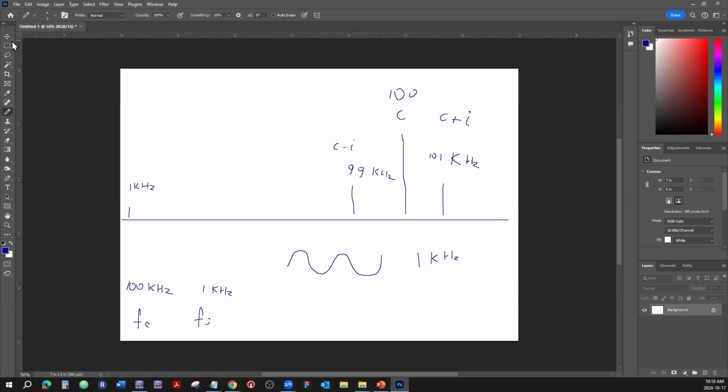And you will be able to see just a spike here and maybe some harmonics, but they would be so insignificantly small. Now, what would happen if this intelligence signal was, for example, my voice? Would that still look like a spike on the screen?